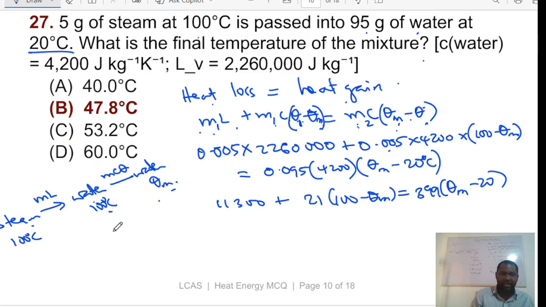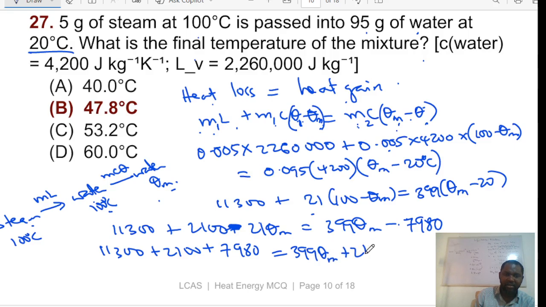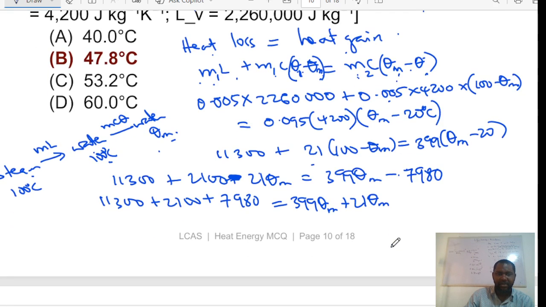Let's open a bracket. This is 11,300 plus 2100 minus 21 theta m equal to 399 theta m minus 7980. If you collect like terms, it will be 11,300 plus 2,100 plus 7,980. If this crosses over, it is going to be equal to 399 theta m plus 21 theta m. Hope that makes sense.